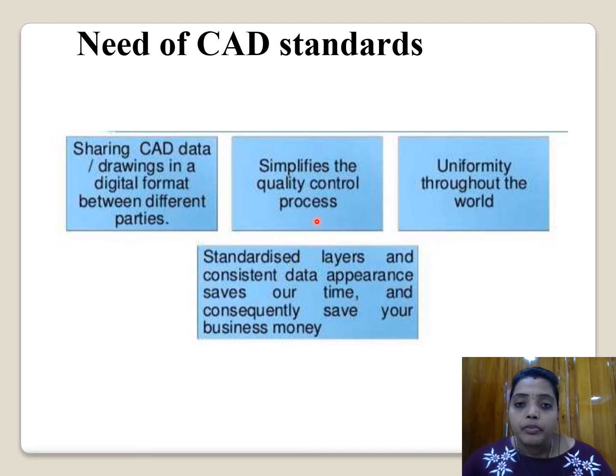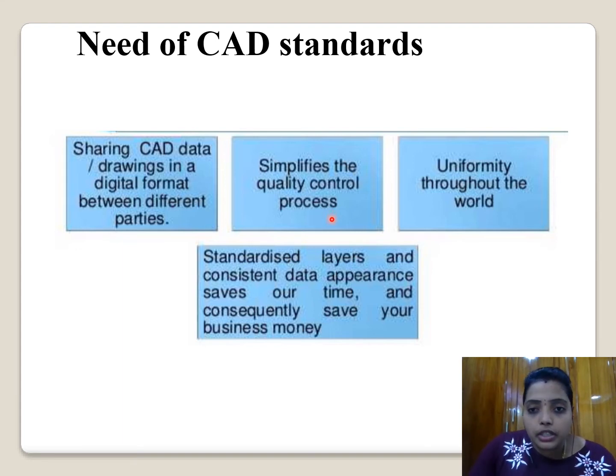Quality control means the size, shape, and finishing are all noted here. Thus we can know whether the object has good finishing or not, and only after that do we send it to the manufacturing process. That's why it is very easy to observe the object clearly in the software. That means it simplifies the quality control process.